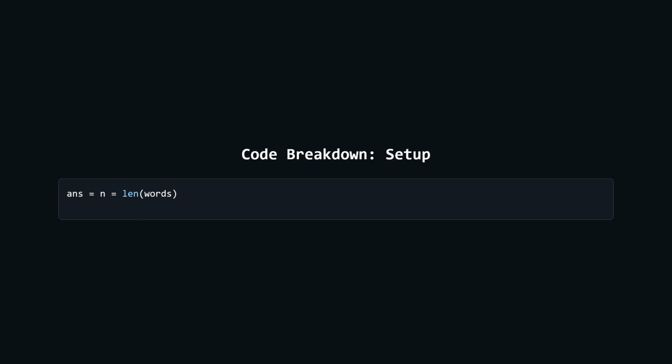First, we set our answer variable to a number that's impossible to naturally reach. Since the maximum possible distance is always less than the total length of the list, setting our answer to the list length works perfectly as a starting point. Next, we loop through every single word in the array, keeping track of both the word itself and its index position. Inside the loop, we simply check if the word we are currently looking at exactly matches our target word.